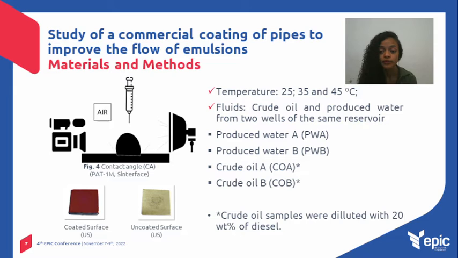We performed the tests under different conditions at temperatures of 25 degrees Celsius, 35 degrees Celsius, and 45 degrees Celsius. We used two different surfaces, one coated and the other uncoated, and the fluids used are crude oil and formation water.